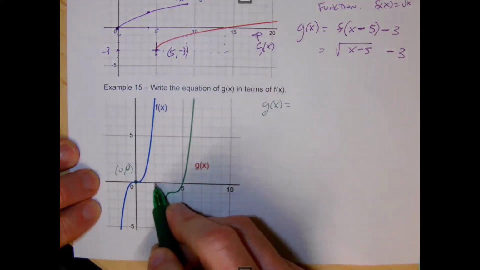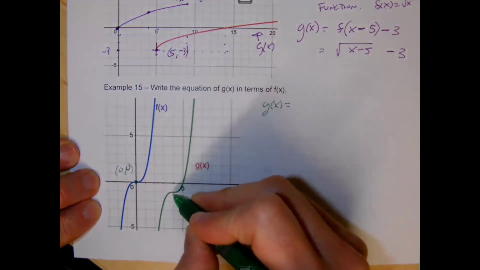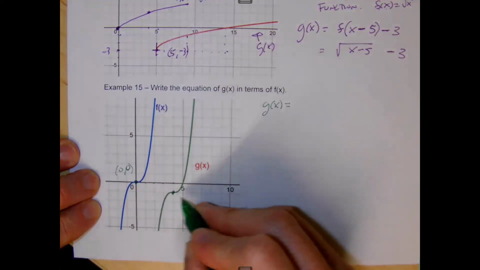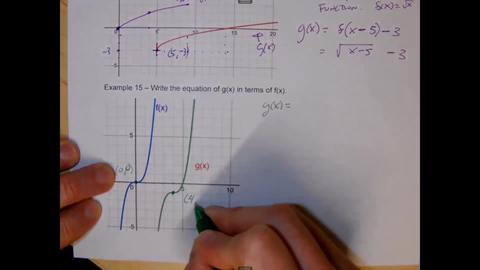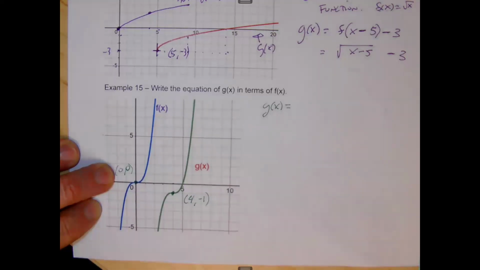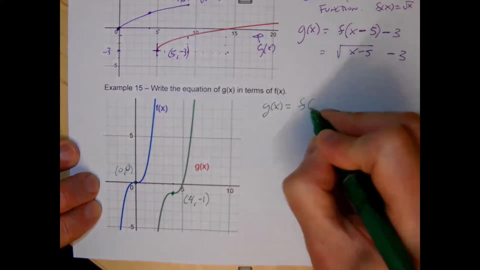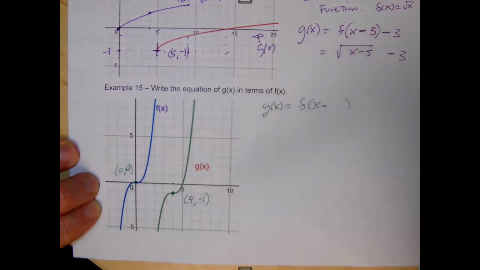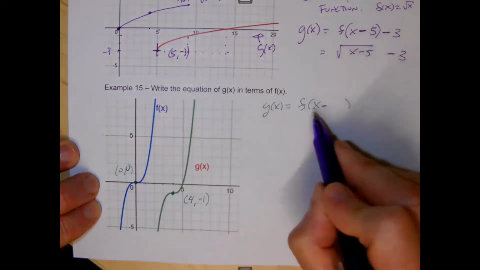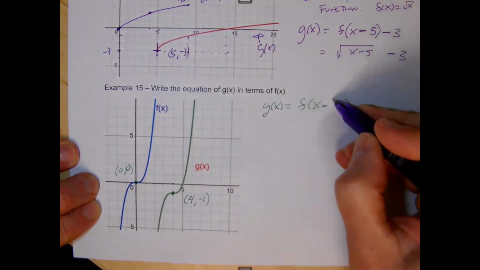And I go 1, 2, 3, 4. Looks like a 4 and then down 1. And there's that point. So at that point, 0, 0 has moved to the right 4 and down 1. So having said that, here's my template. Notice I'm going to go x minus, and now I'm going to write down the horizontal shift, which is a 4.